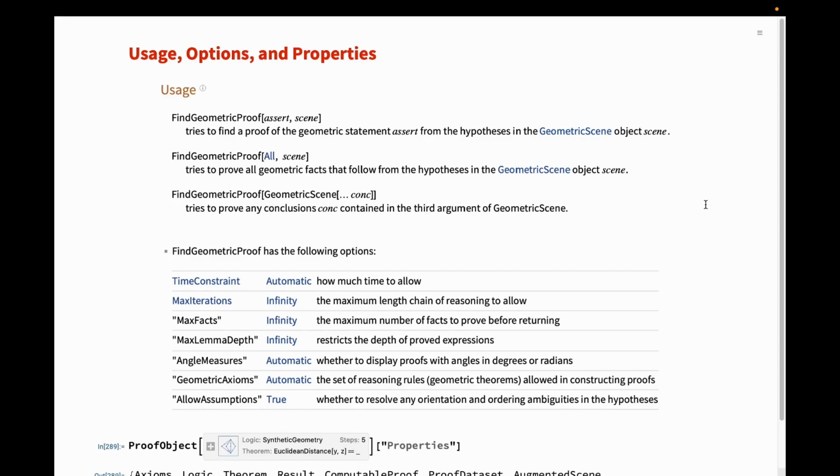FindGeometricProof uses a collection of elementary synthetic geometry theorems as its axioms, uses those to produce more and more conclusions. The first way to use it would be to give it a geometric scene, and in the first argument, give it a specific assertion that you'd like to prove. So this could be anything like the Euclidean distance from point A to point B is equal to 10.